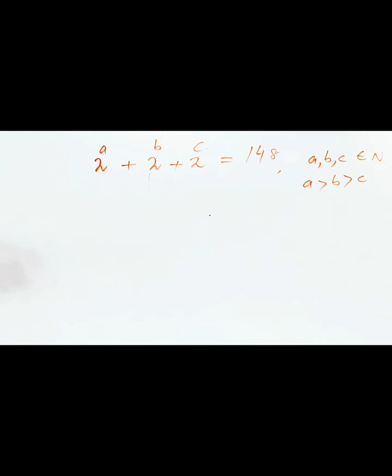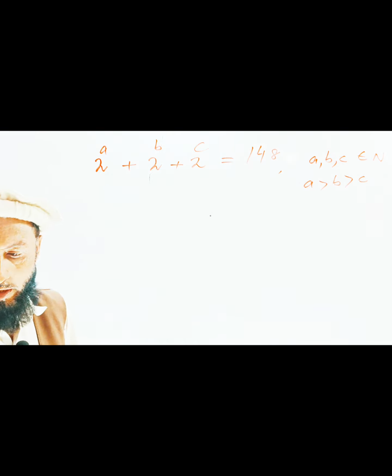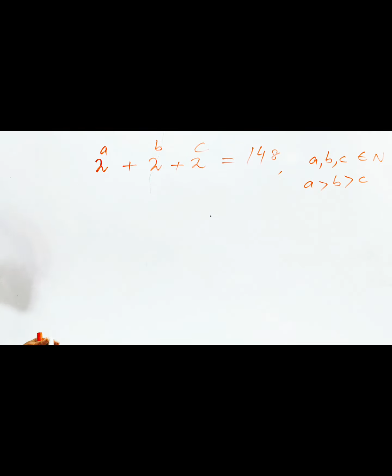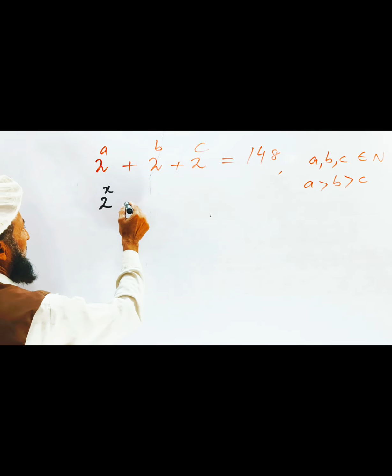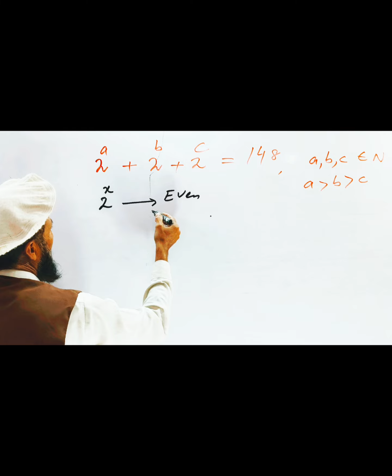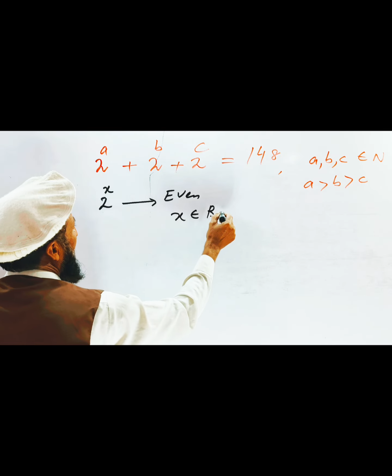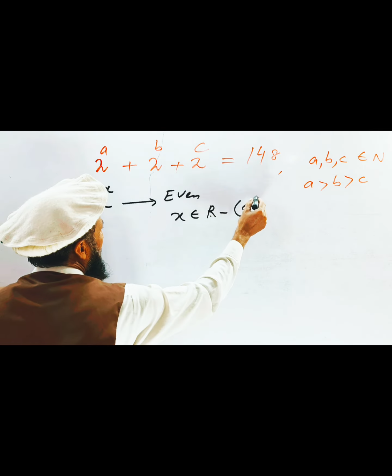According to the definition of exponential equation, we have the exponential form. Here the base is 2, so 2 exponent of x is an even number when x belongs to the real numbers except 0.